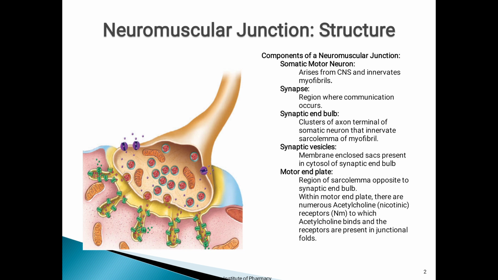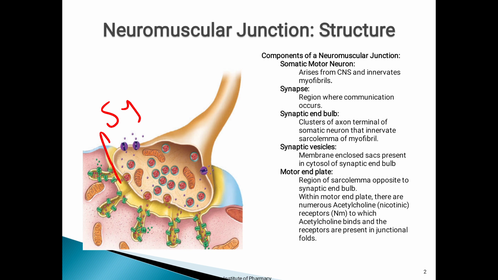The impulses are brought by the somatic neuron from the CNS, and it supplies that impulse to the muscle fiber, that is myofibrils. Second is synapse. We have already covered what synapse is, a small region where communication occurs.